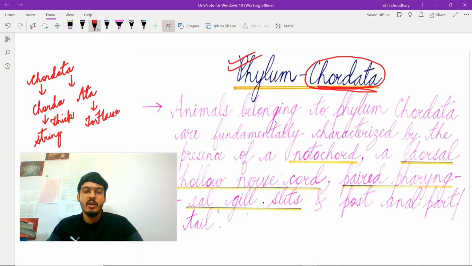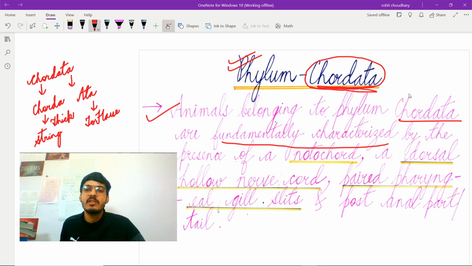According to taxonomies, about 90 to 95% of all the animals present on Earth are non-chordates, and the rest of them are chordates. What are the special characters of the members belonging to phylum Chordata?